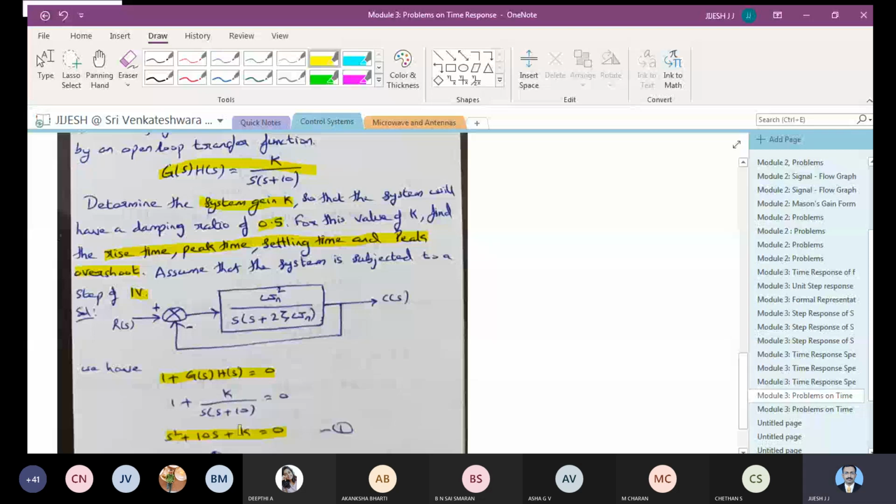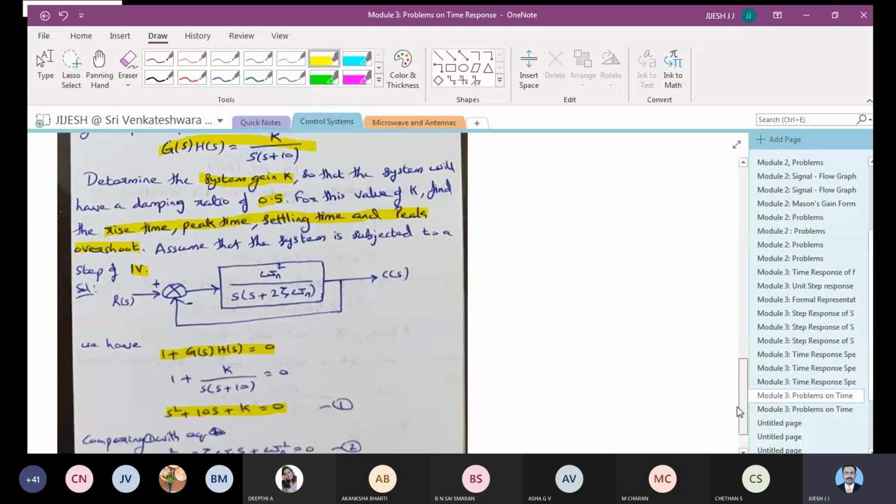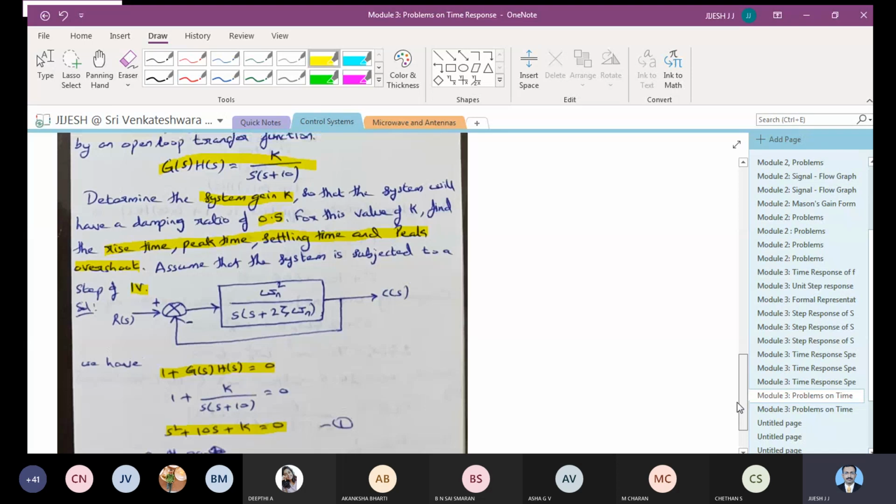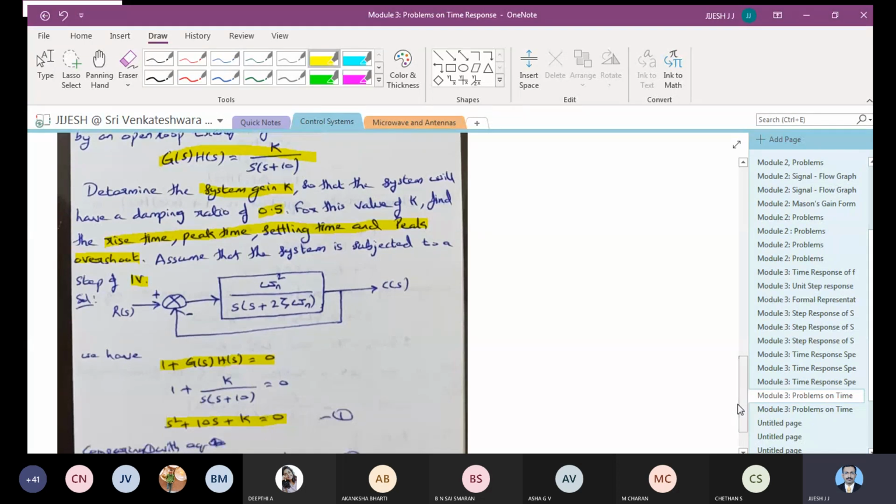But here some values are given, like damping ratio is given as 0.5, and also it's specified that the step response is 1 volt. So like we did before, you need to write the characteristic equation.